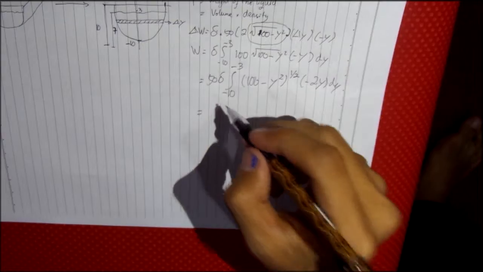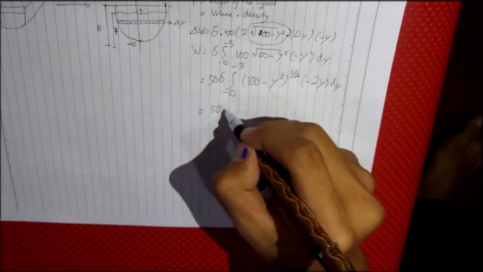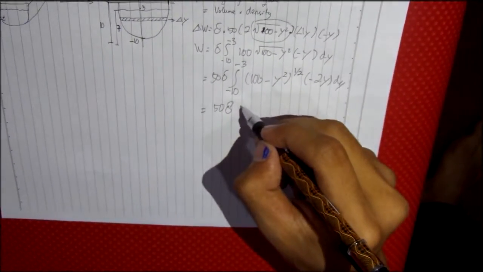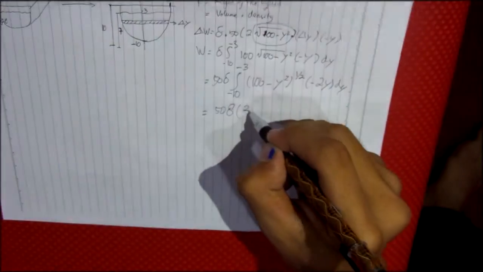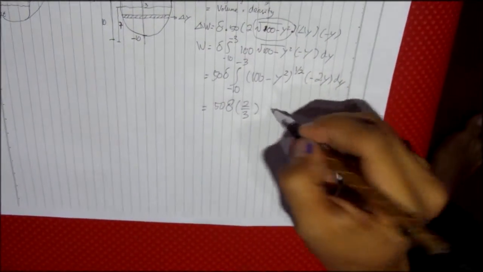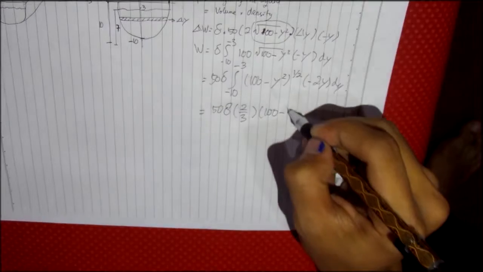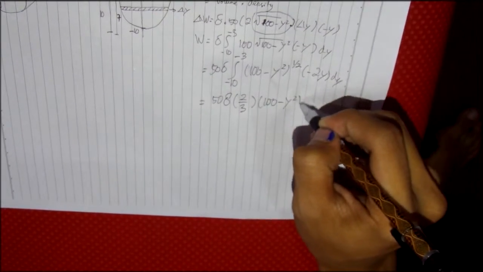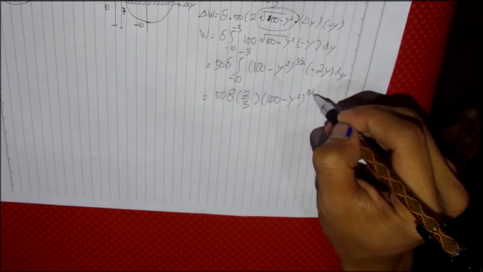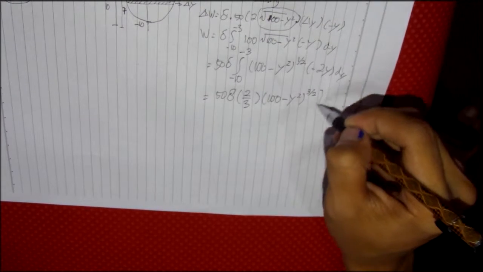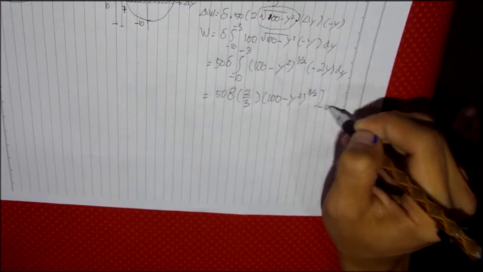So we get 15 times density times 2/3 times (100 minus y square) to the power of 3/2, from minus 10 to minus 3.